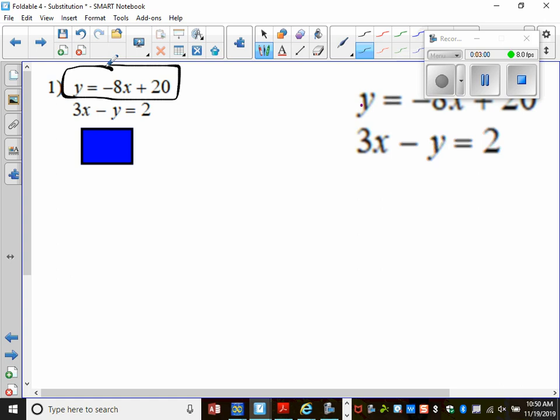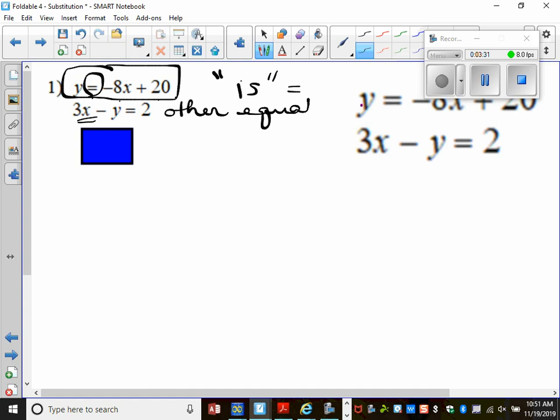Now, another word for equal in words is "is." Is means equals. So this is really saying y is now negative 8x plus 20. That's how I would read it to myself, like y is now called negative 8x plus 20. So where I see y in the other equation, because that's how it's written in the steps, it says replace that into the other equation.